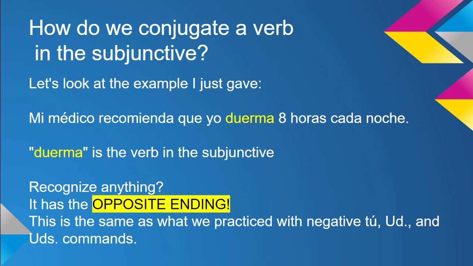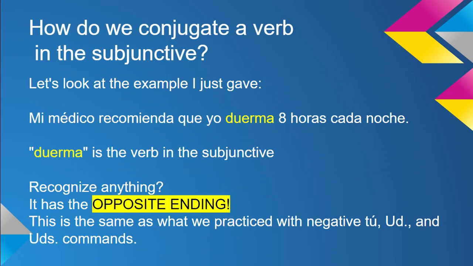In that example that I just gave, do you recognize anything? You might have forgotten about everything we did before break, but if you didn't, we practiced for 4 weeks the usted and ustedes commands and the tú commands. And the big rule with those was opposite endings. Well, guess what? Those conjugations are also the subjunctive.